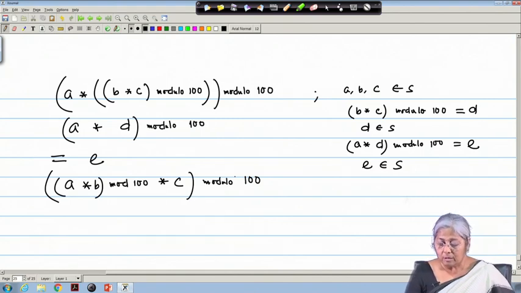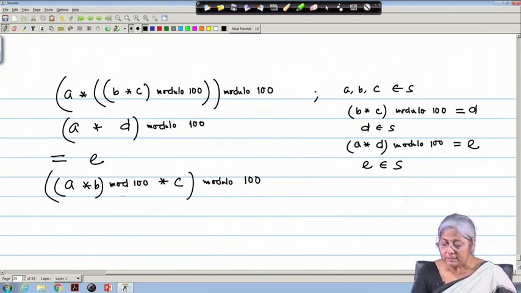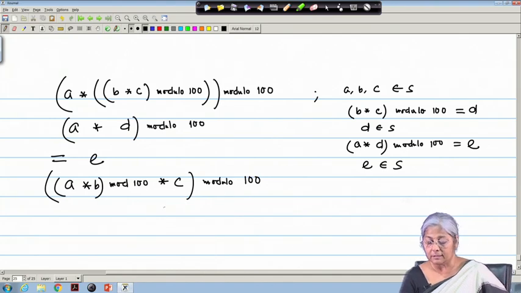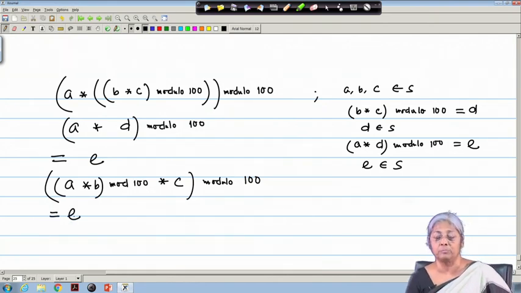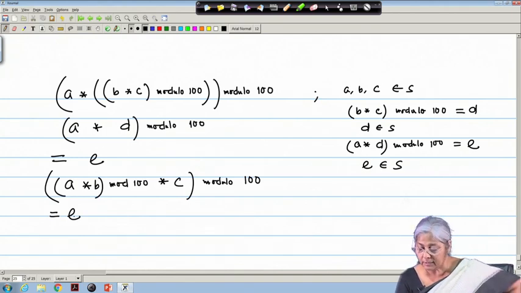Since we are getting A star B modulo 100, we are taking the last 2-digit numbers, only the remainder, and again that is multiplied with C, and we take the remainder when divided by 100. Obviously, remainder means the last 2-digit numbers, it will be E only.